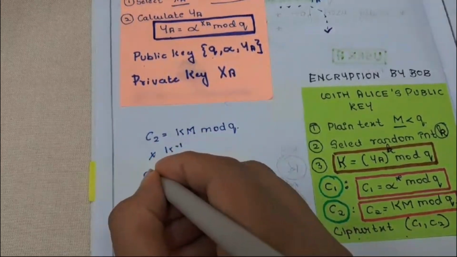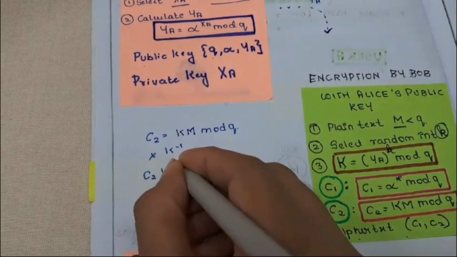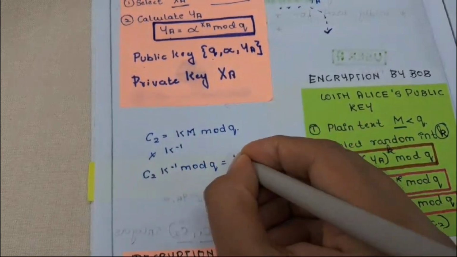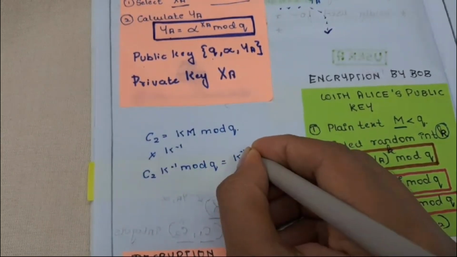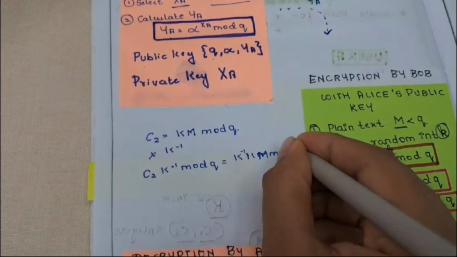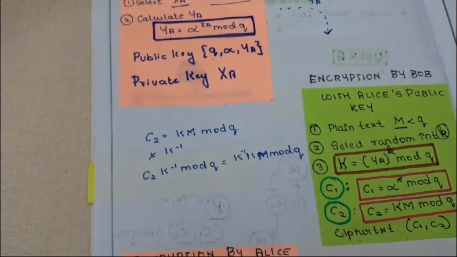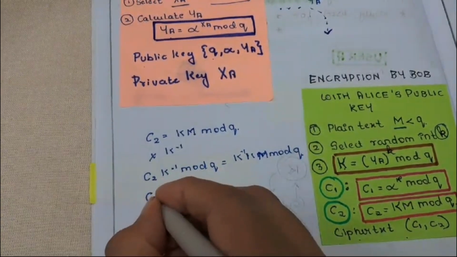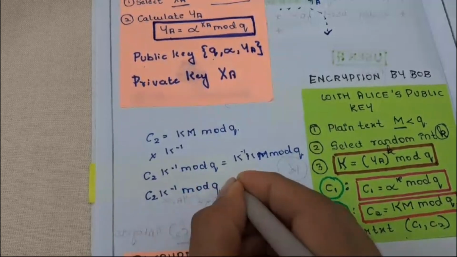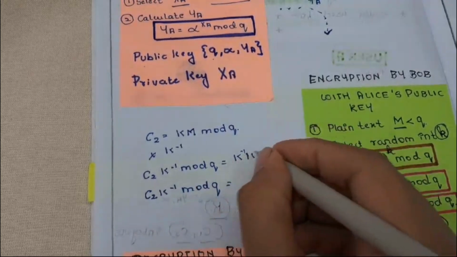So C2 into K inverse mod Q equal to K inverse into K into M mod Q. So we know that this is C2 K inverse mod Q equal to this K inverse and K.